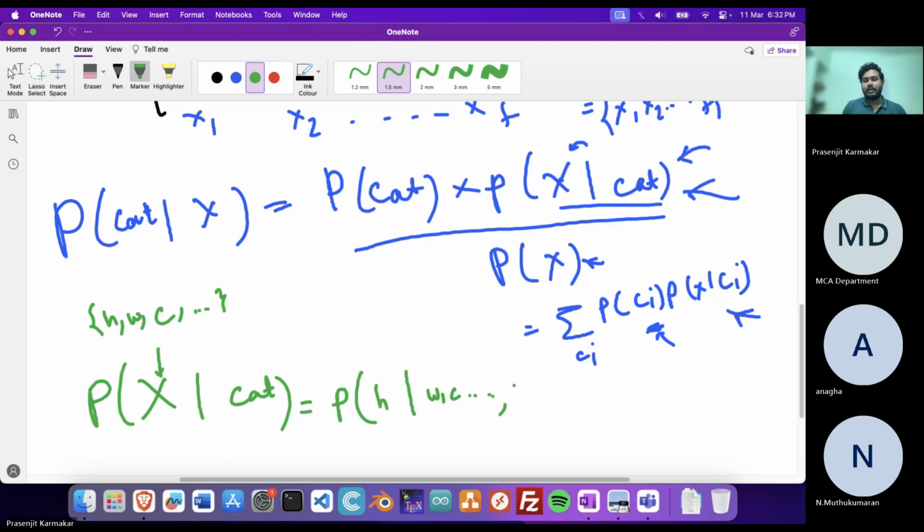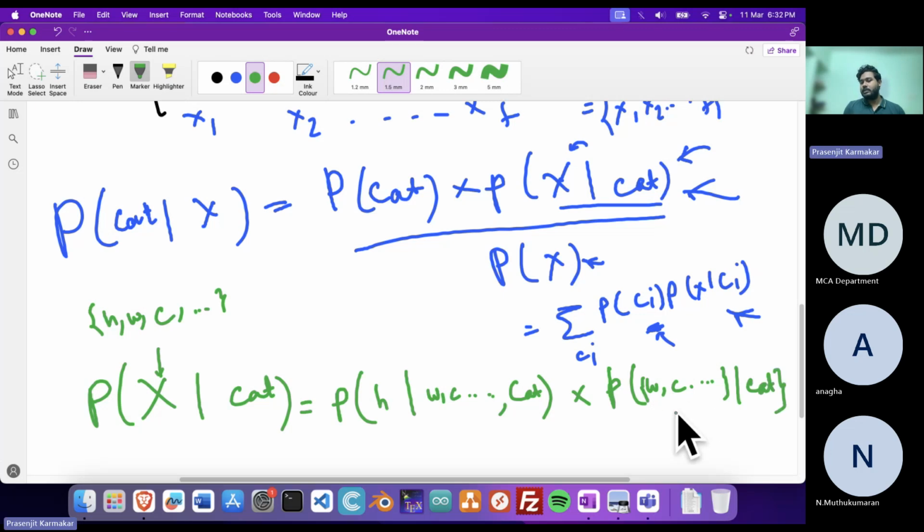comma, cat, times probability of weight, color, given cat. I can even expand this part also. So I can expand the same logic, right?